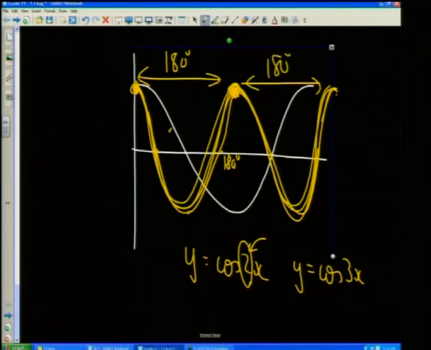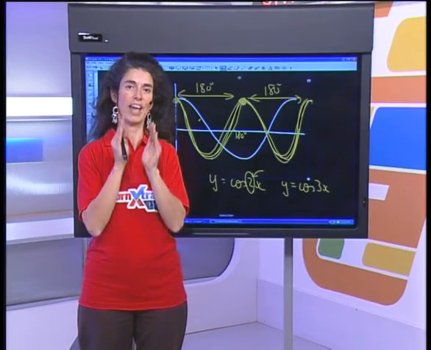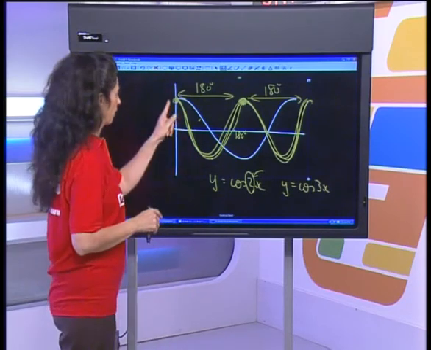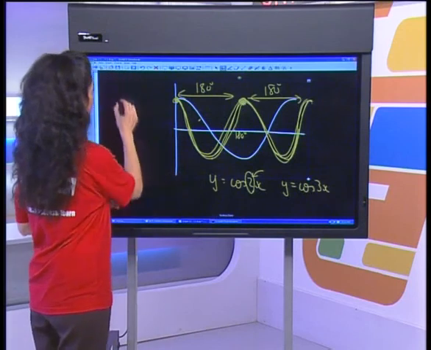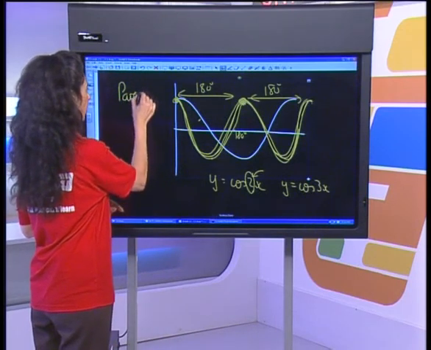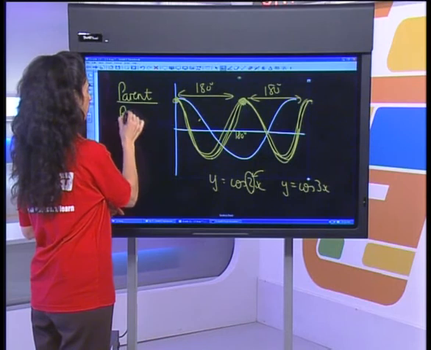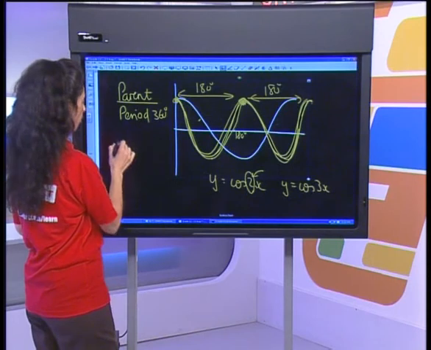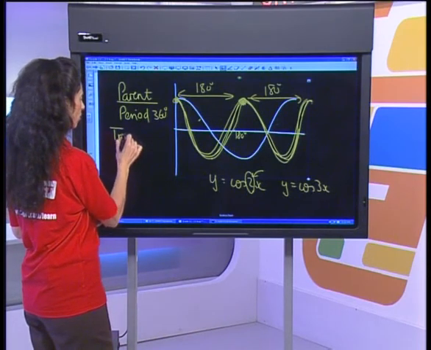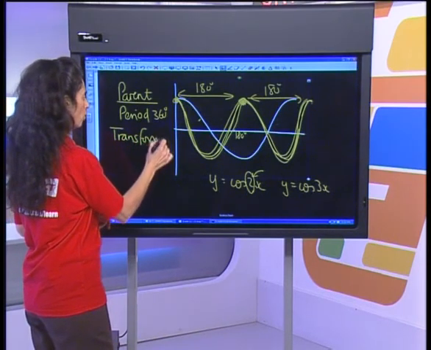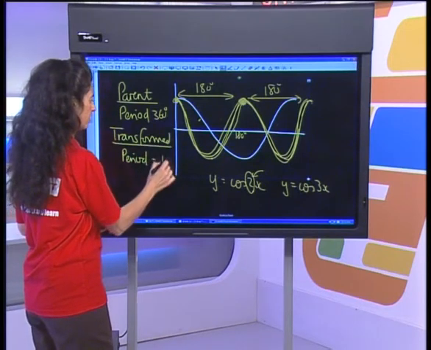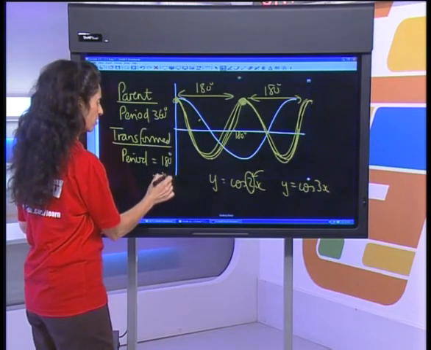So the coefficient of the angle, because it compresses the graph, it will actually always affect that period. And if this is 180, we could say that the parent graph has a period of 360. The transformed graph will have a period that is 180, which is really 360 divided by 2.